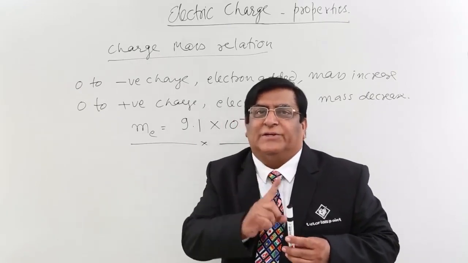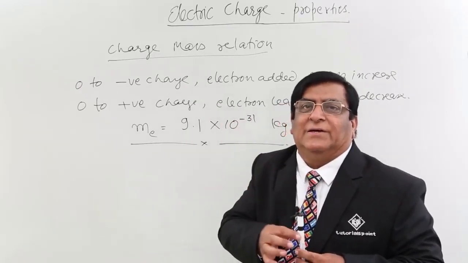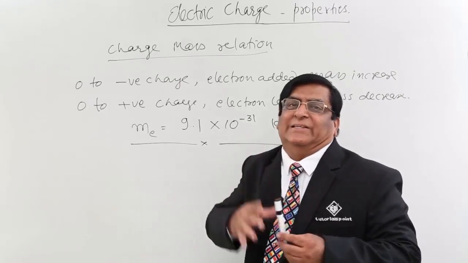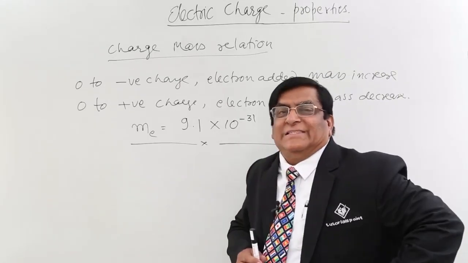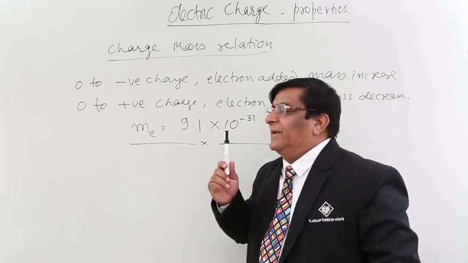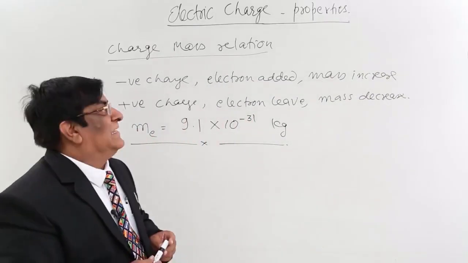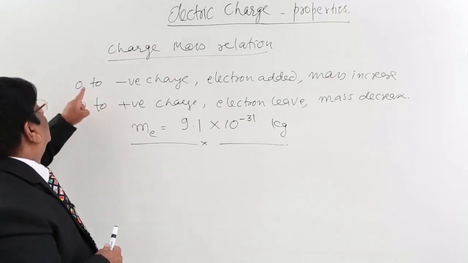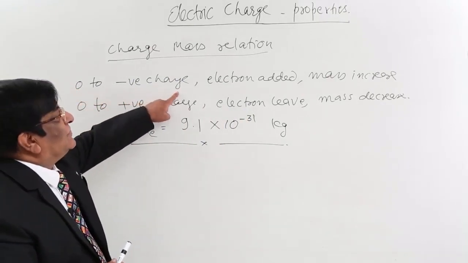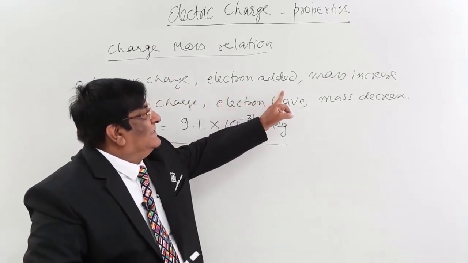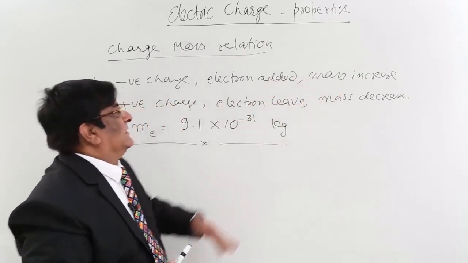So, we cannot create a body negatively charged unless its mass is also increased. So, this is the relation, that a negatively charged body will always get some mass as well. So, we made a rule, from 0 to minus charge, electrons are added, therefore mass will always increase.